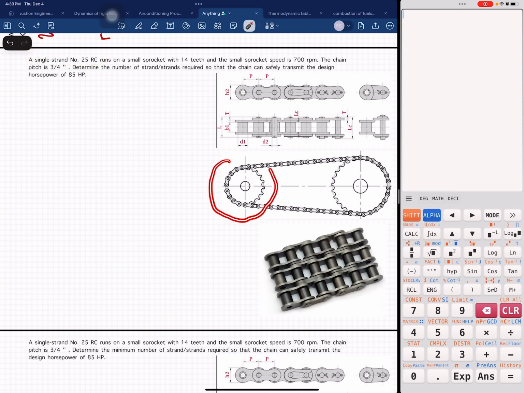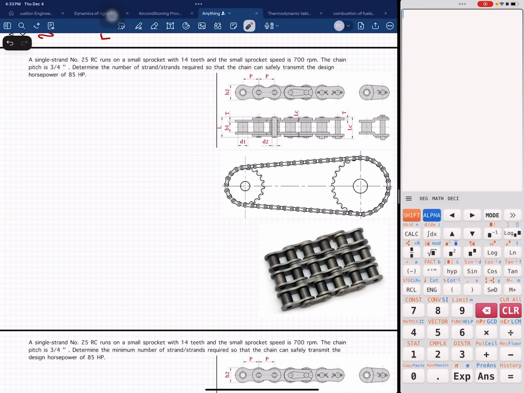This is your small sprocket, say it has 14 teeth, and your small sprocket has a speed of 700 revolutions per minute. This is your chain pitch, it is 3/4 of an inch or 0.75.